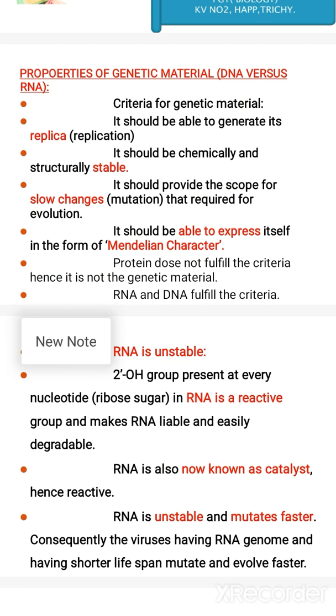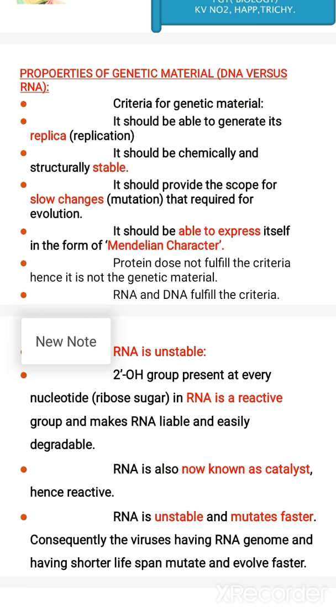Otherwise, if full stability is there, there won't be any changes, and there won't be evolution at all. So that's why it should be in a position to accept slow changes.